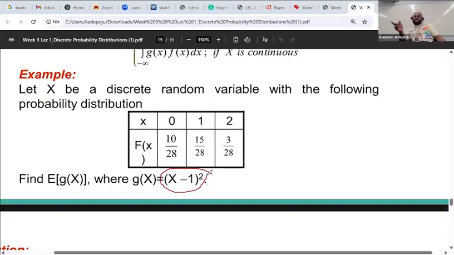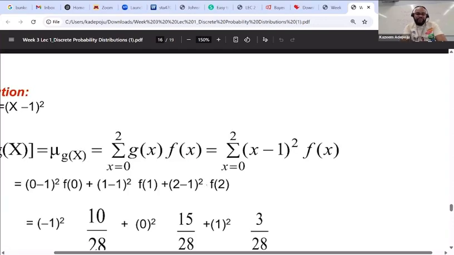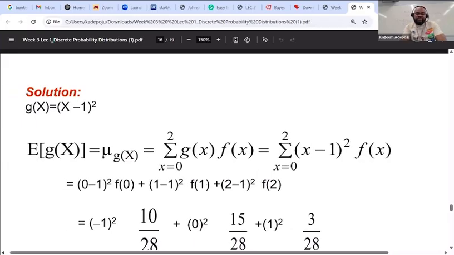We want to find the expected value of that. What am I going to do to find it? Please pay attention. Don't forget g of X is equal to that. What did I call the expected value of g of X?